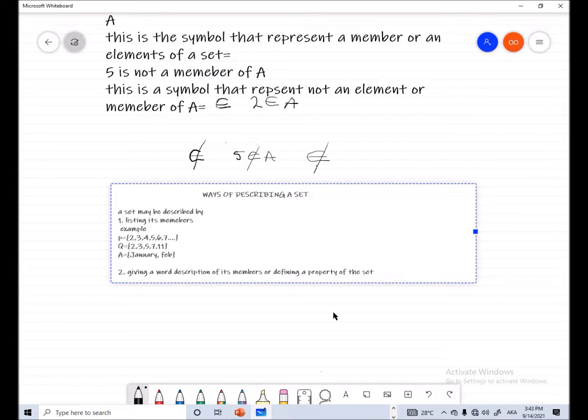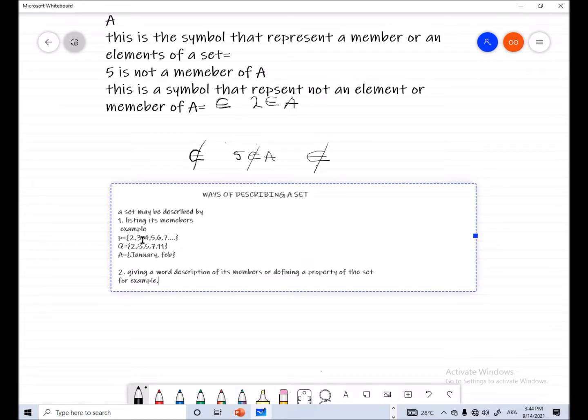So let's see an example: giving a word description of its members, or defining a property of a set. Maybe if the example comes, you will understand. For example, the sets P and Q, with 2, 3, 4, 5, 6, 7.